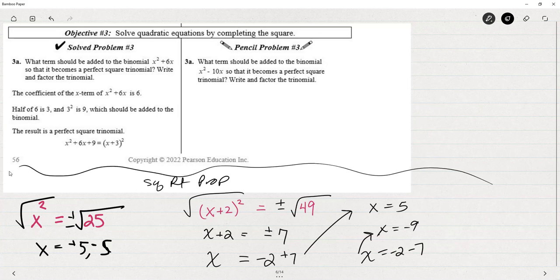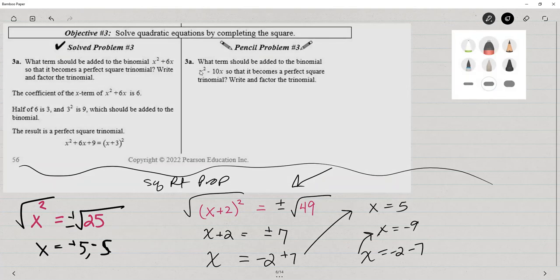But what I'm doing when I complete the square is I'm trying to get something in this format that we had, the x plus 2 quantity squared equals some value, some constant, some number. So when I look at the process of an example, the first step is to figure out a constant I can add that would make this a perfect square.